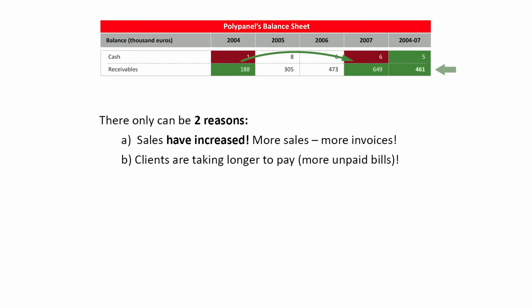So your collection period is extended. But by looking at those two numbers, can you distinguish which part of the increase comes from an increase in sales and which part of that increase comes from a deterioration of the collection days? Can you? No, we can't, right?